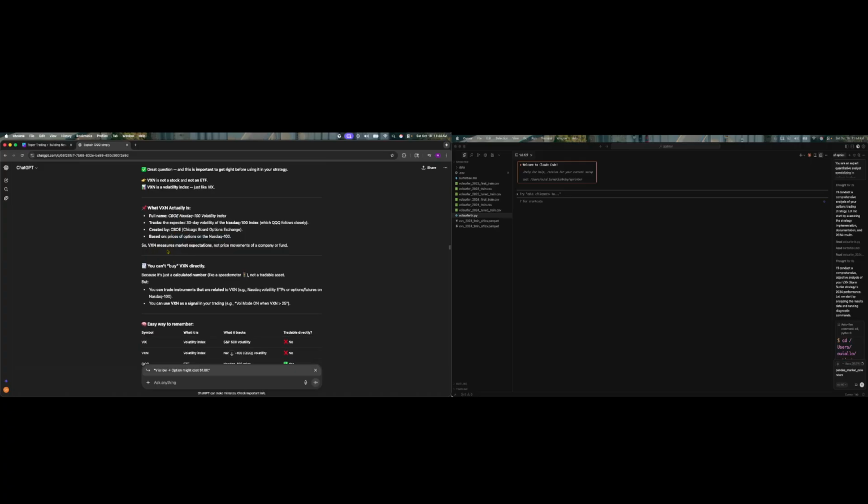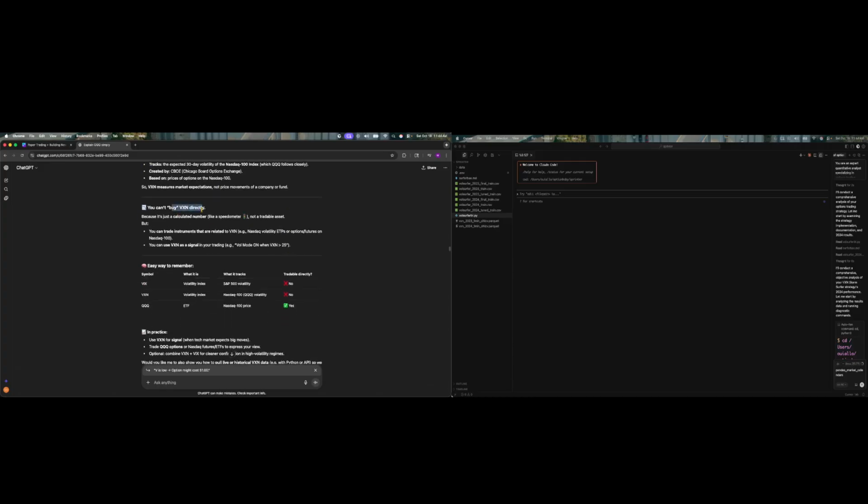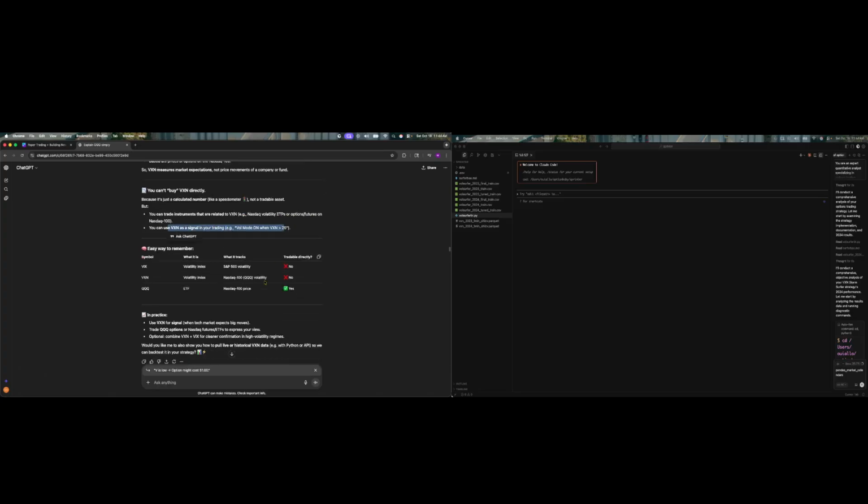So VXN measures the market's expectations, not price movement of the company or fund. We can't buy VXN directly because it's just calculating numbers like a speedometer, and it's not a tradable asset. You can trade instruments that are related to VXN, like the NASDAQ volatility ETP or options and futures on the NASDAQ 100. You can use VXN as a signal in trading, right?